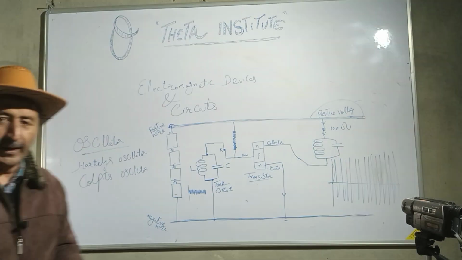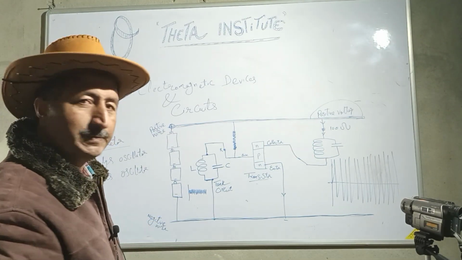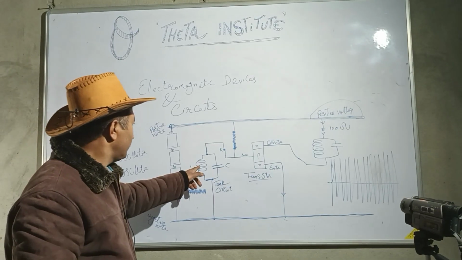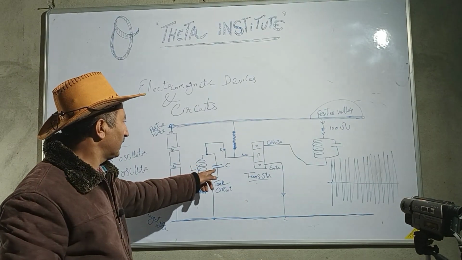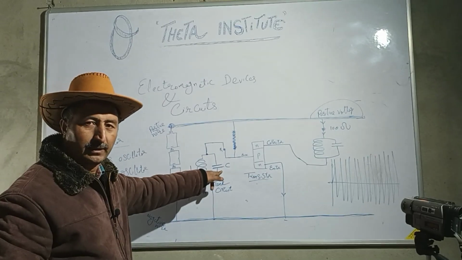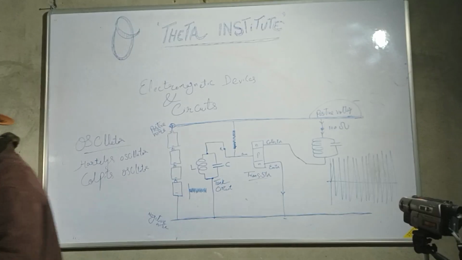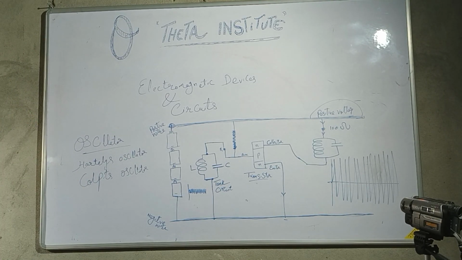An important fact about this oscillator is that if you have a smaller number of turns here and a smaller capacitor here, the frequency will be high.